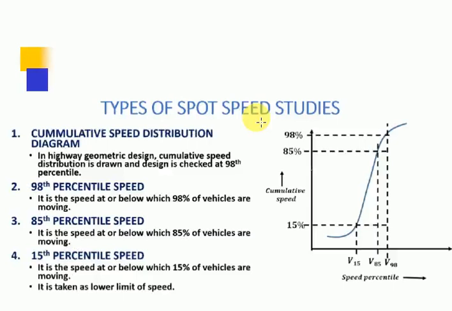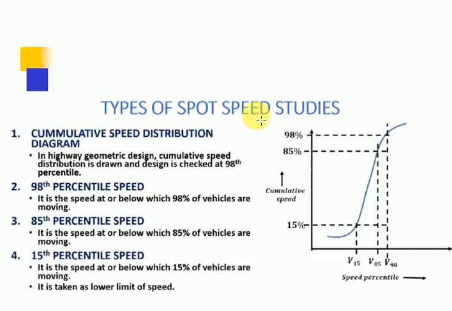Suppose you have gathered data for 100 vehicles. They have different speeds, so you first have to differentiate speed groups, like 10 to 20 kilometers, 20 to 30, 30 to 40, and count how many vehicles are present within that speed range.